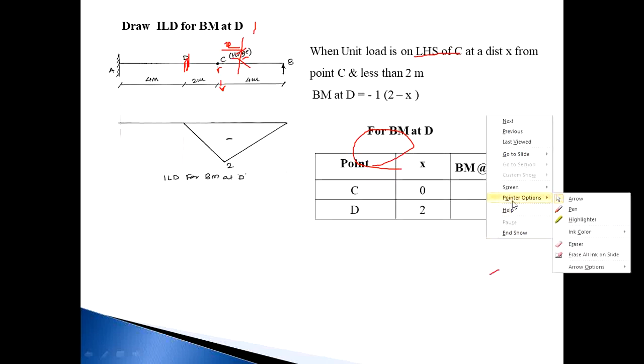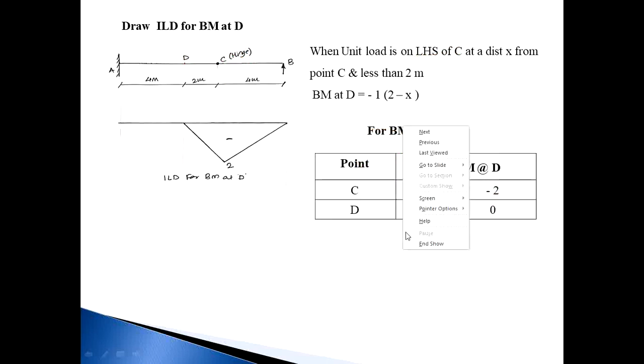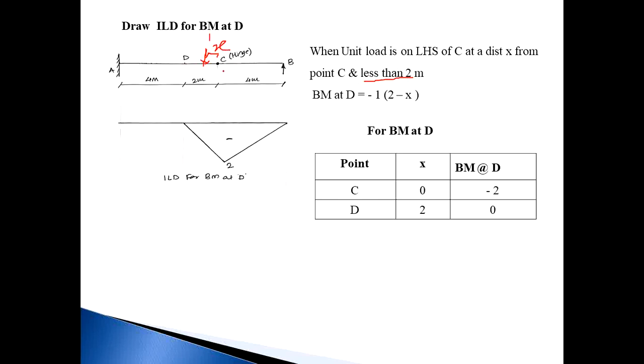Then next, when the unit load lies on the LHS of C, meaning in between span A to C at a distance of x from point C, and it is less than 2 meters, meaning the load lies between only C to D. This is 1 kilonewton at a distance of x from point C. So bending moment at D is equal to 1 into x minus 1 into 2 minus x, where the remaining distance is 2 minus x.